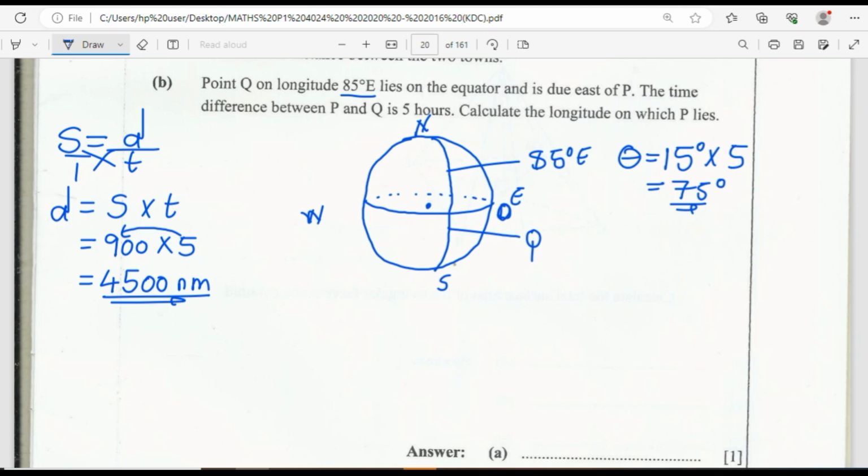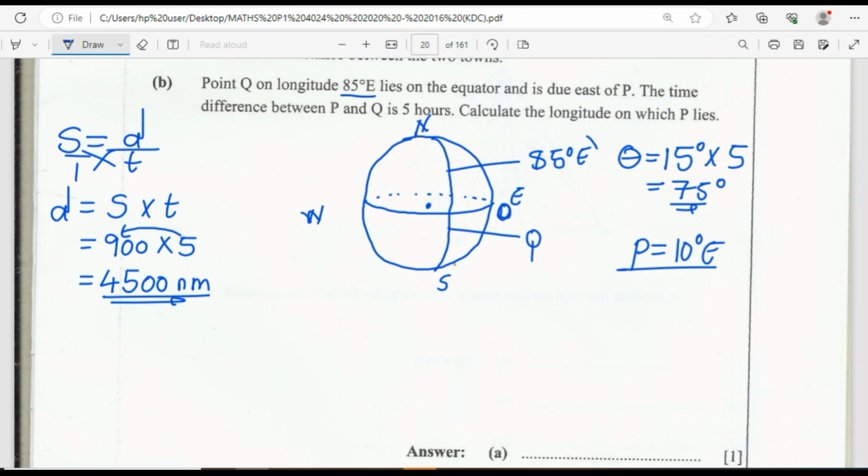What is the longitude for Q? So I mean it should be P. So P will be on longitude 10 degrees east. So why do we say this? Because we can see that the difference in longitude is 75, but the longitude given is 85.